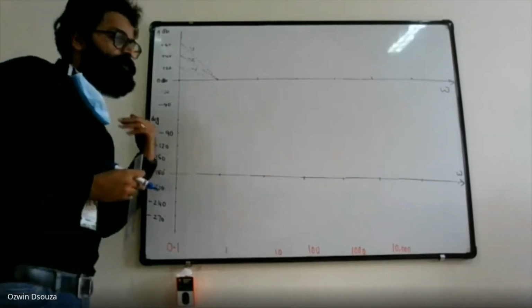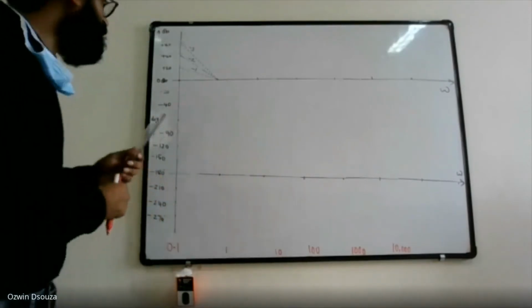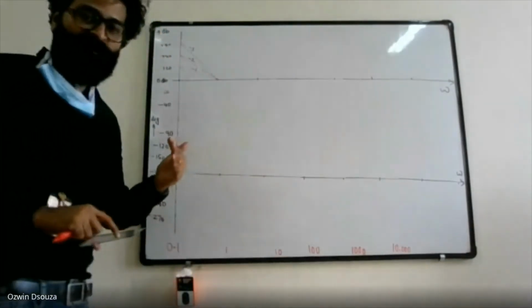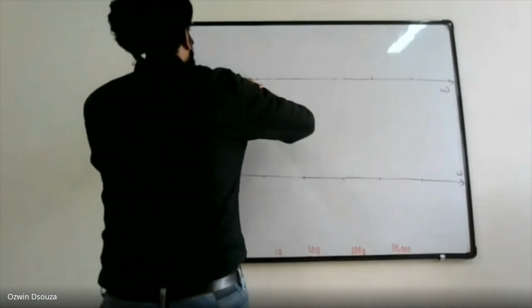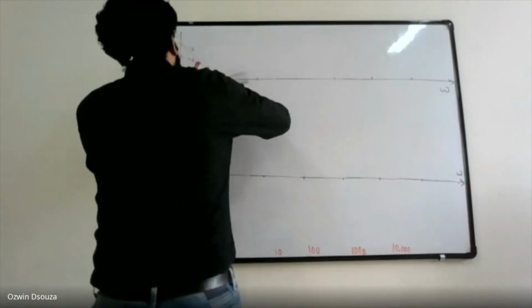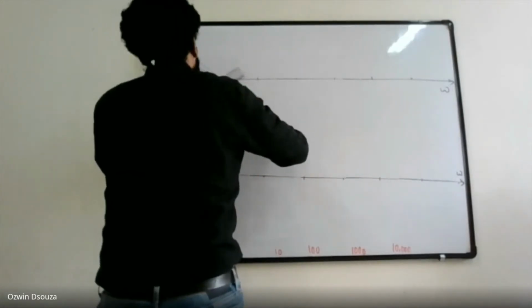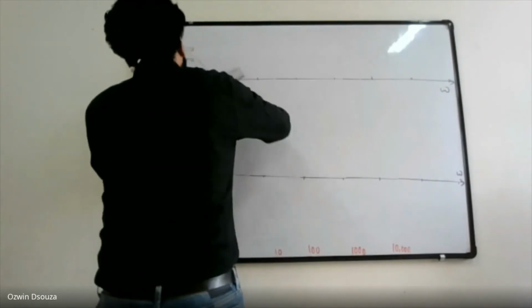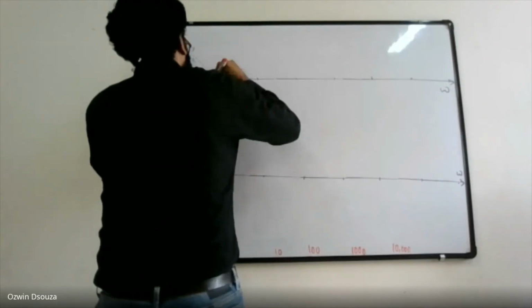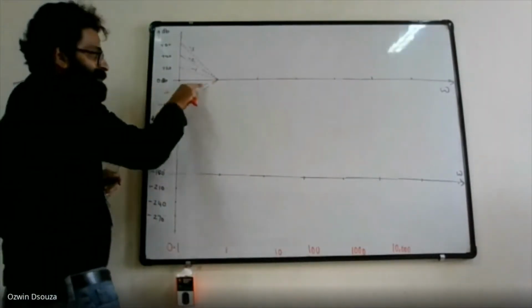Now, let's say you have zeros in the system, then how would you handle that case? If you have zeros in the system, you will get a positive slope, isn't it? So what you have to do is, from negative 20, you connect to the decade. Similarly, from negative 40, you connect it to the decade. Now what is happening? The slope is increasing, right?